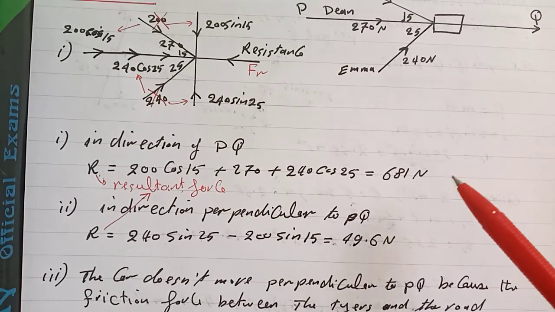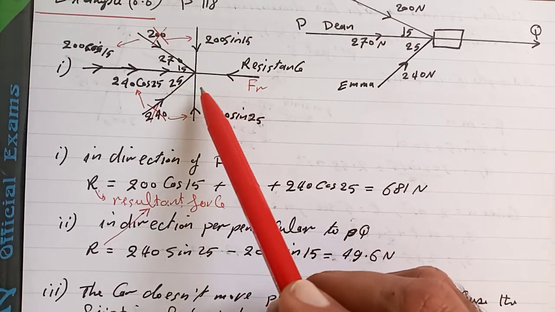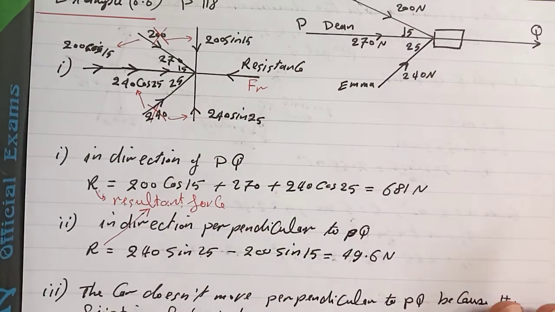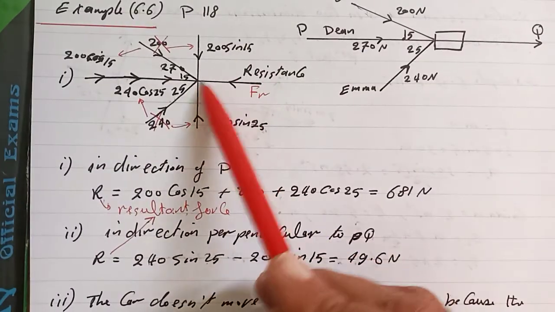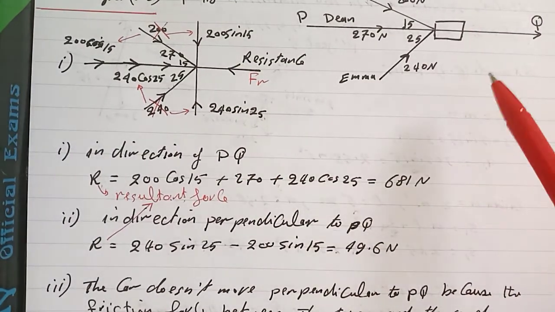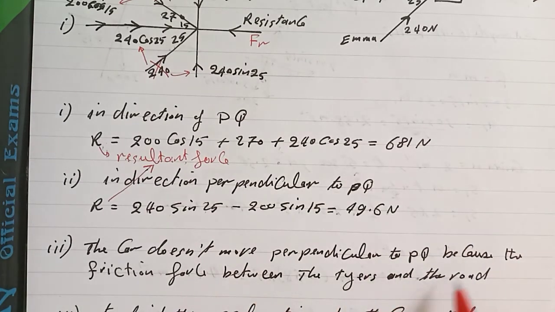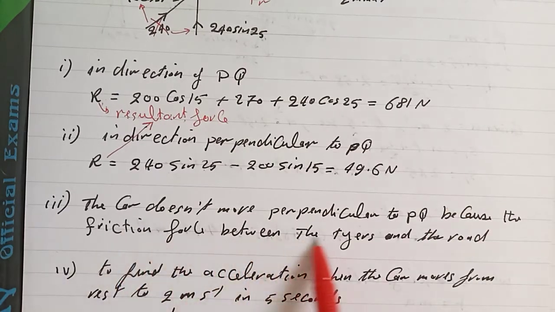Because the driver was holding the steering wheel tightly to prevent her from moving in this direction. And this came on account of a friction force between the tires and the road, because there is a friction force between the tire and the road.